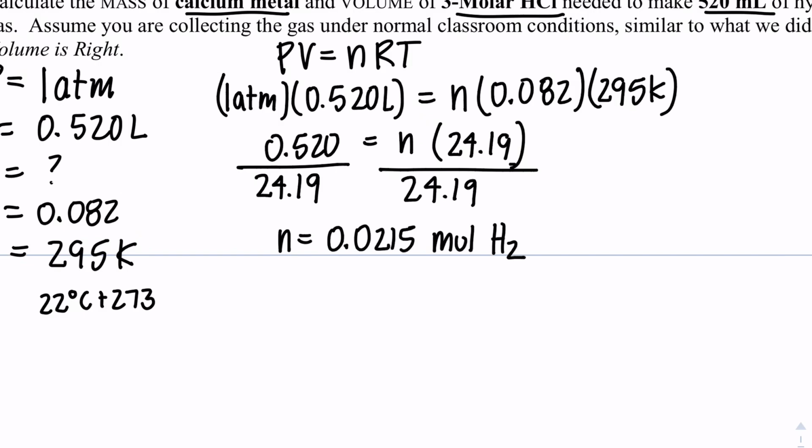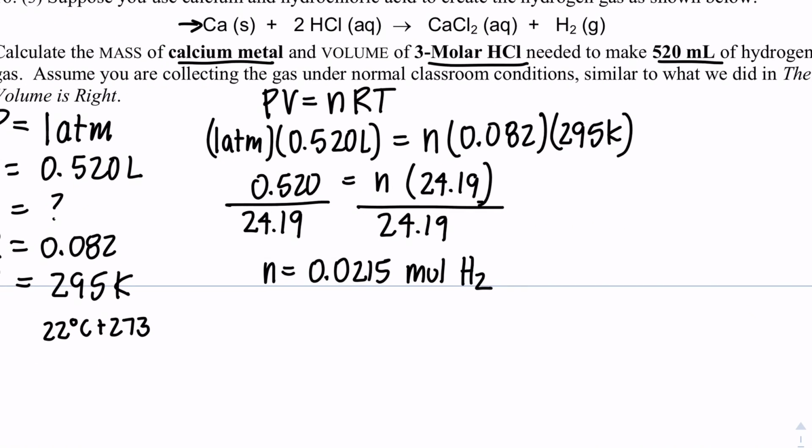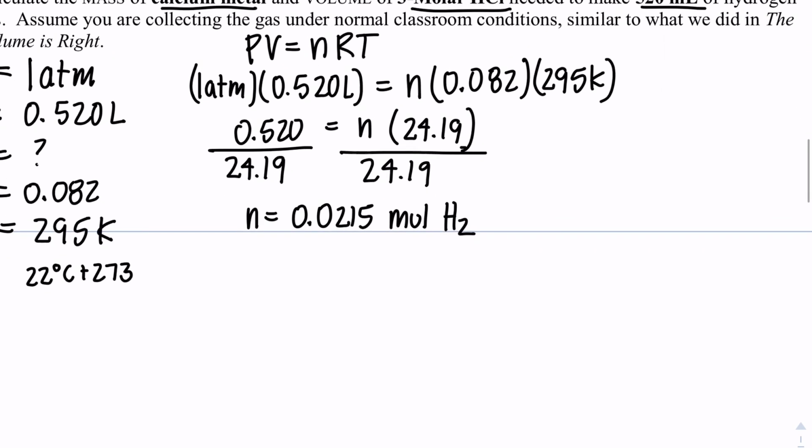So this is how much H2 gas we have. From here, we can use a mole ratio to figure out how many moles of calcium we would need to create this much gas, and then we can convert that into grams.